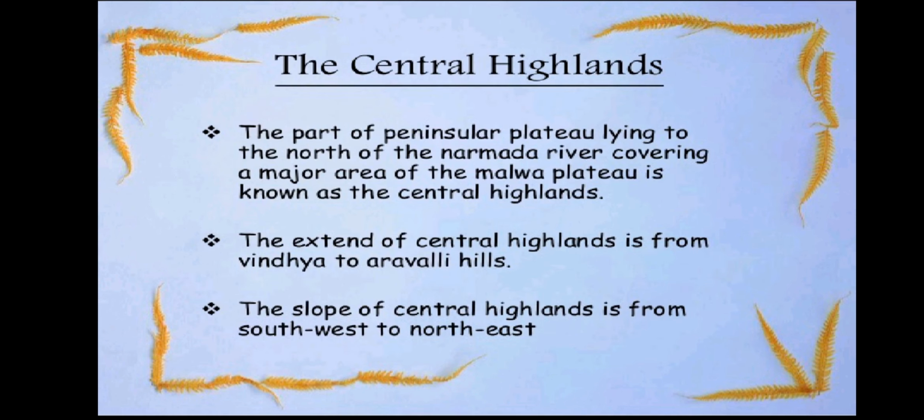Now, let us study in more detail the part of the Peninsular Plateau lying to the north of Narmada River, covering a major area of the Malwa Plateau, known as Central Highlands. The extent of Central Highland is from Vindhyas to Aravallis. The slope of Central Highland is from southwest to northeast.